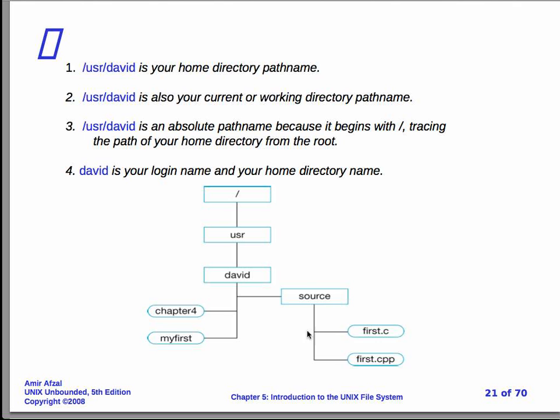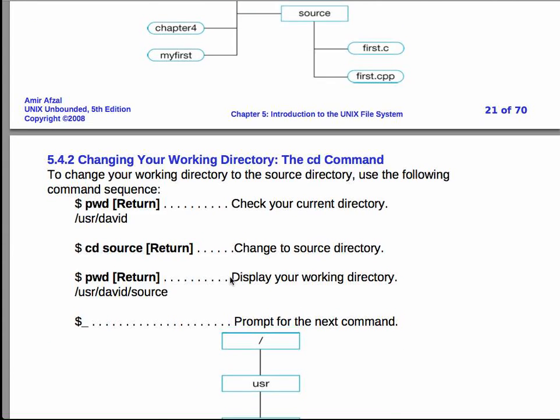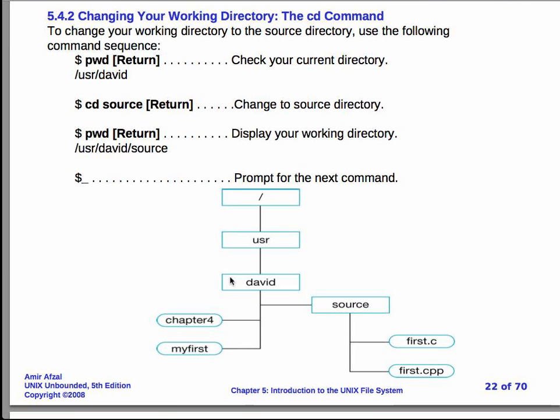Or if you want to edit this file, first.cpp, and you are positioned here, you can say vi source/first.cpp. To change your current working directory, you can, for example, say cd to source. And then once you're over here, if you want to edit this file, you just say vi first.c.